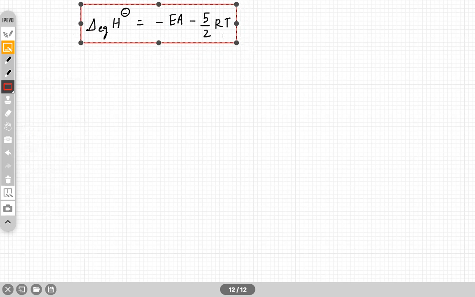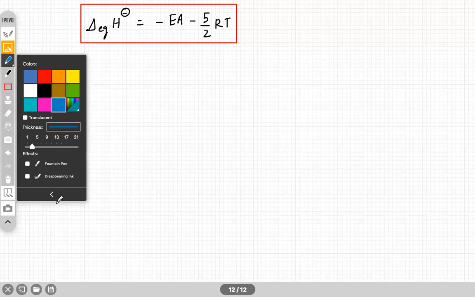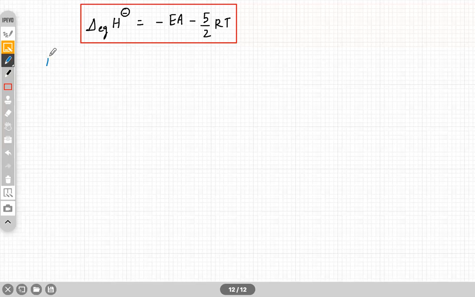Not much important, but this is the relation we have. Right, so electron gain enthalpy is what? It is slightly higher than the electron affinity, right? See, actually what happens, if you take this condition here, absolute zero temperature. What is absolute zero temperature?